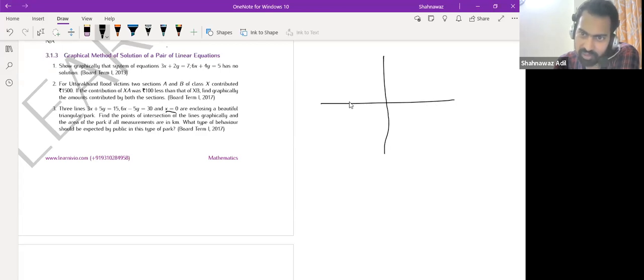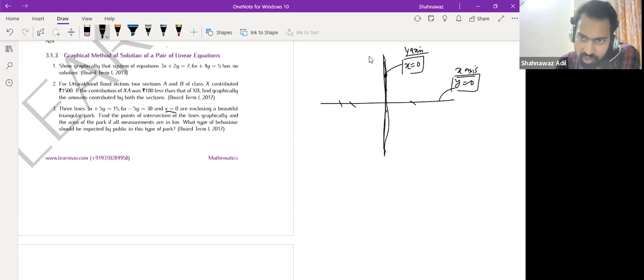At this axis, we have y equal to 0, right? And at this axis, what is the value of x here? 0. So at this line, my x is 0. So the y-axis is the x equals to 0 line, and the x-axis is the y equal to 0 line.